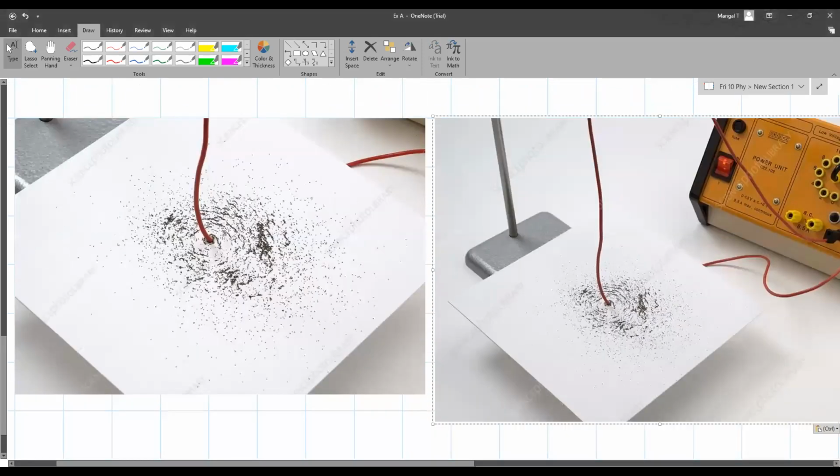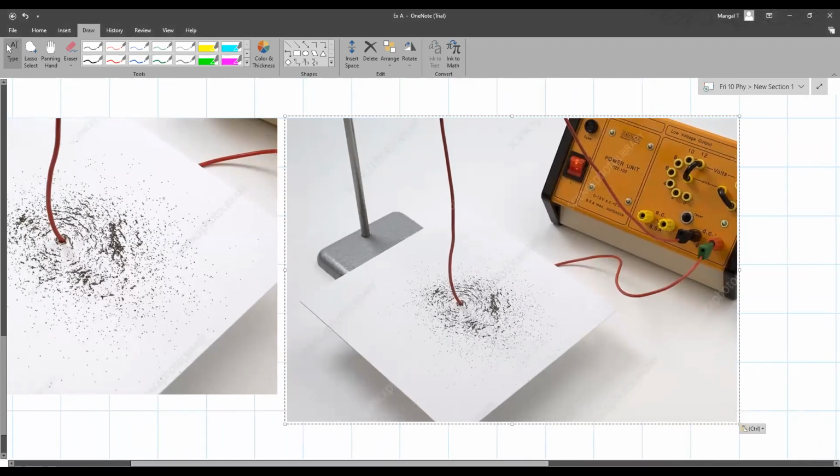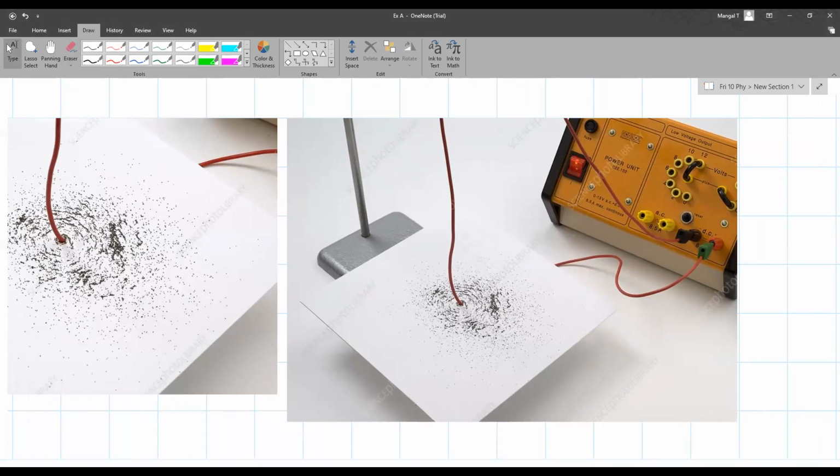As you can see, on the right side it is a little zoomed out. You have a power source over here, and this power source is allowing current to flow through this wire. Now the current is flowing, this is a cardboard over here, and we have sprinkled iron filings.